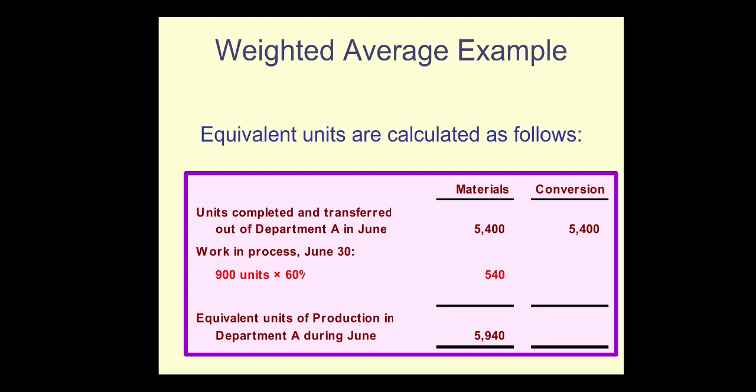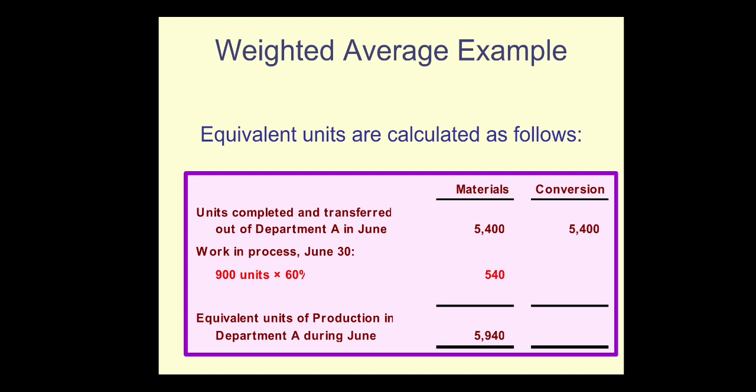WIP is work in process. So physical unit for WIP at the end of the month or accounting period is 900 unit. But in terms of material, it is only 60% complete. So 900 unit but 60% complete equal to 540 equivalent units.